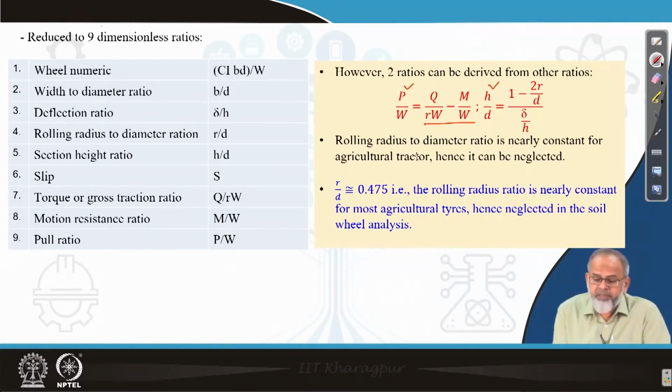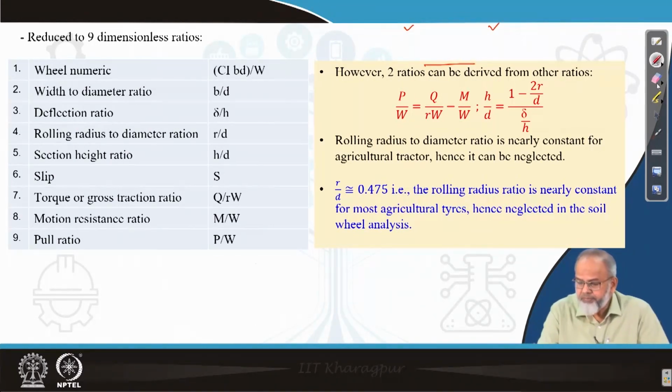The other thing is the rolling radius to diameter ratio is nearly constant for agricultural tractors. Hence, he said it can be neglected, and that's what Wismer and Luth did. So, the R by D ratio is nearly 0.475 for whatever combination of tire and soil he has tried. That means the rolling radius ratio is nearly constant, hence he neglected that one. So, out of 9, you take minus 2 for the ratios derived from others, and the R by D also he took as constant.